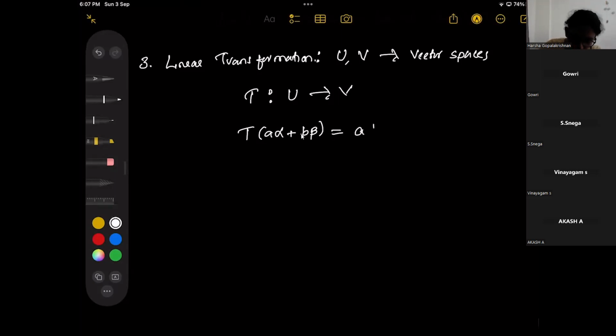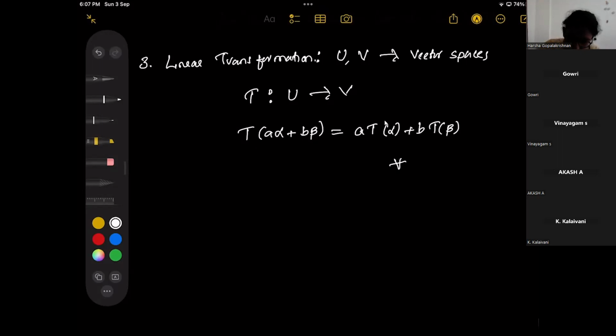So a alpha plus b beta is also a vector. If we are applying T on this vector, it should equal a into T applied on the vector alpha plus b into T applied on the vector beta. This is the meaning of linear transformation.